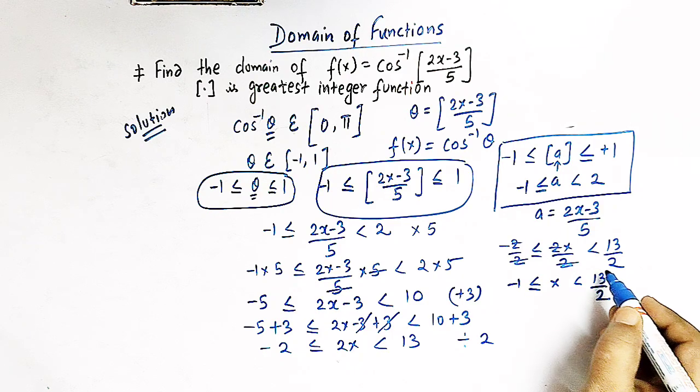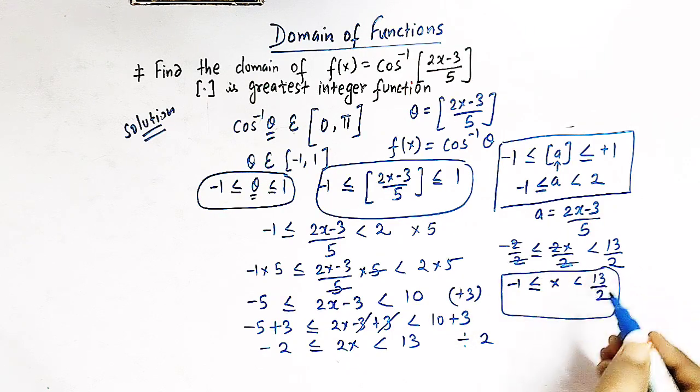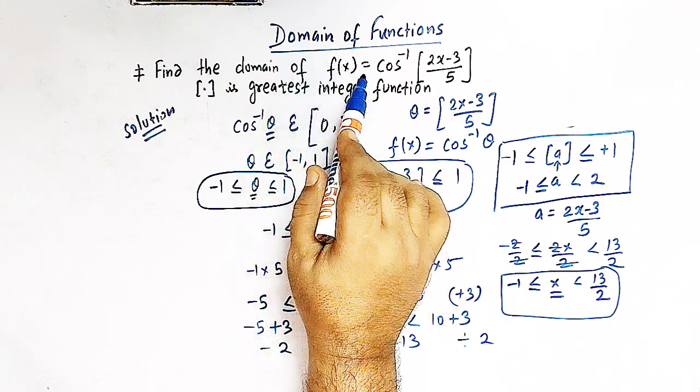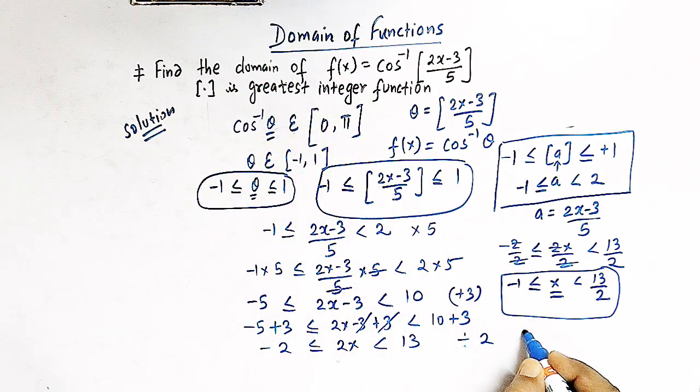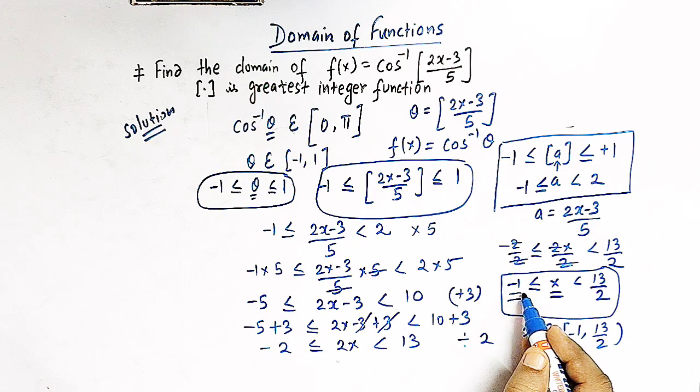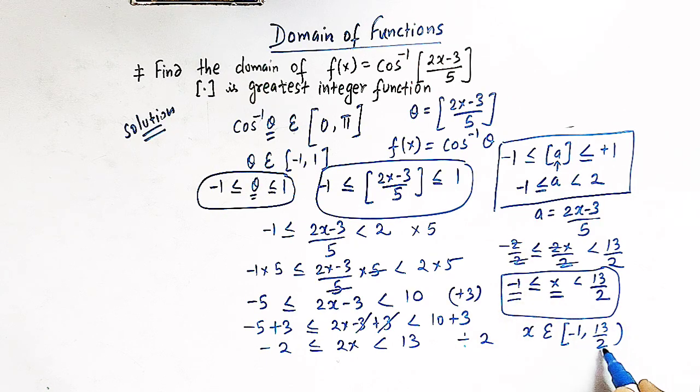So now we can see that our x, which constitutes the domain of this function, belongs to the interval from -1 to 13 over 2. And remember, here -1 is included, while 13 over 2 is not included.